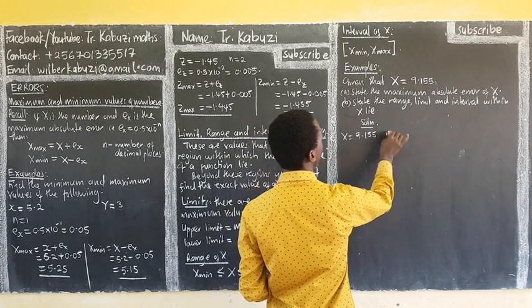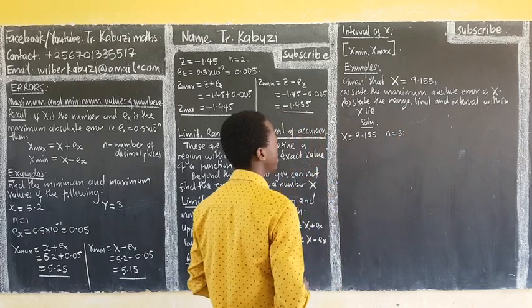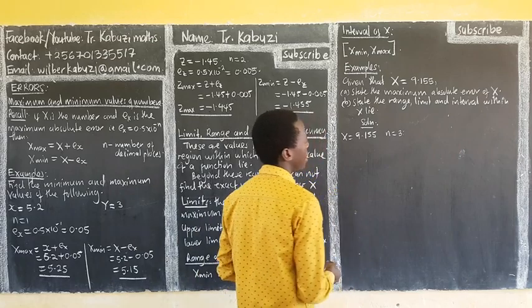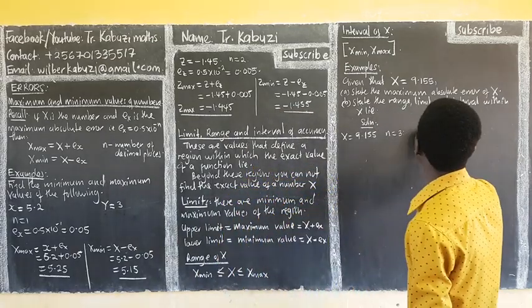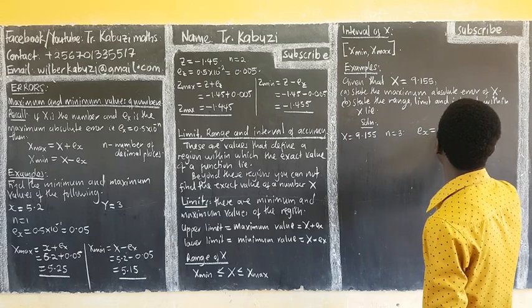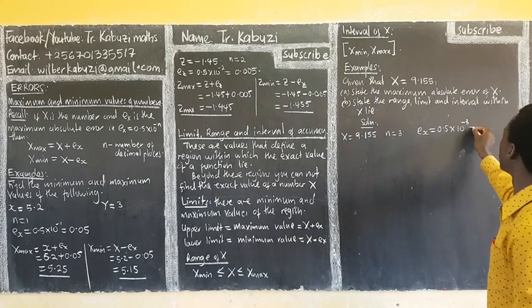So my n is going to be 3. I first calculate E of x, the maximum possible error. So E of x will be 0.5 times 10 to the power of negative 3.